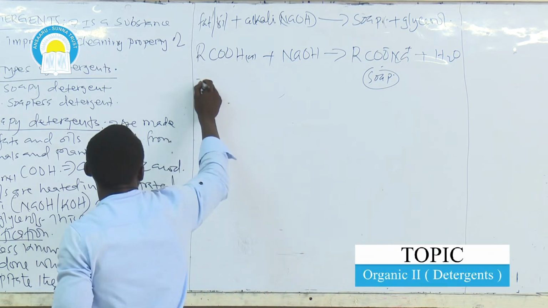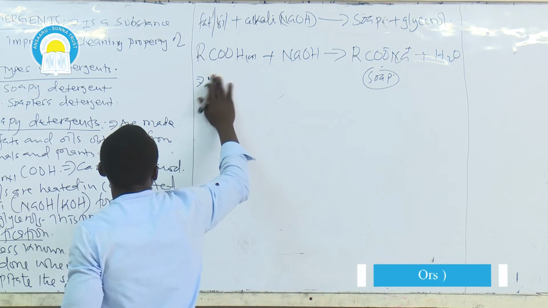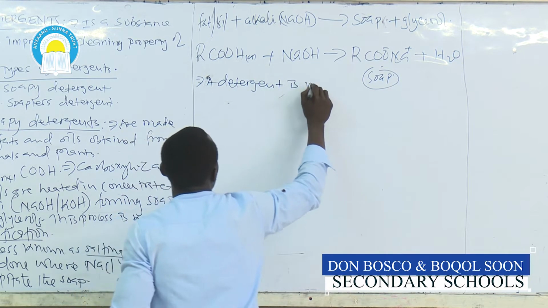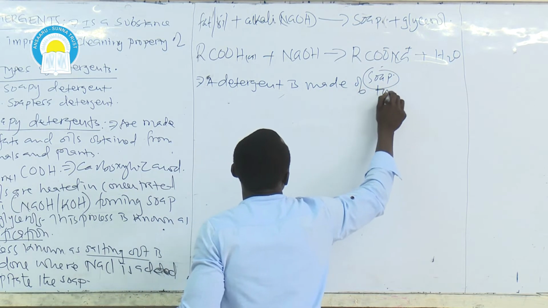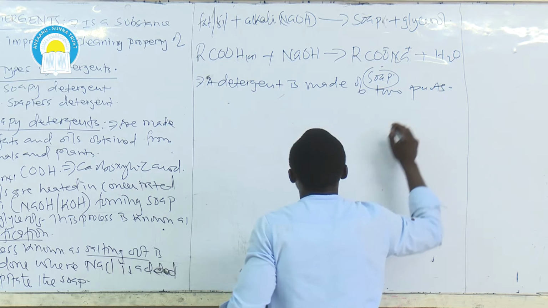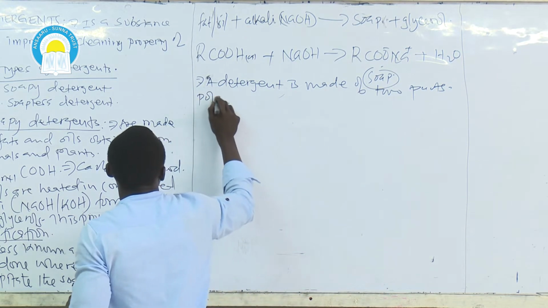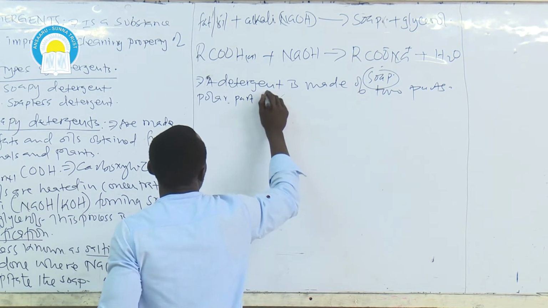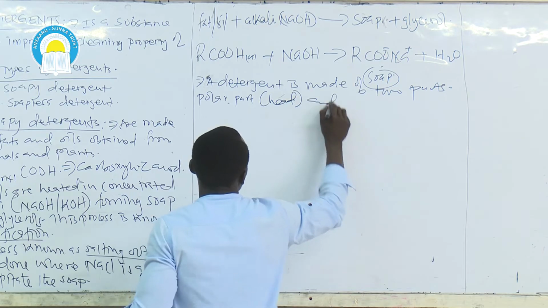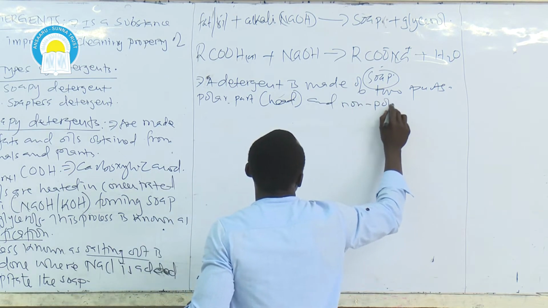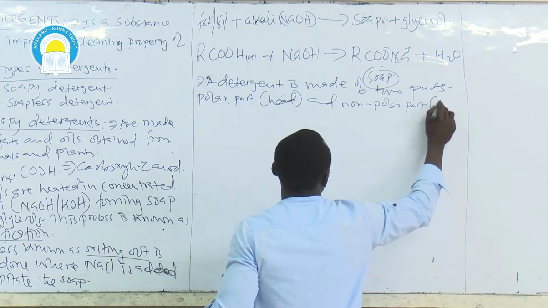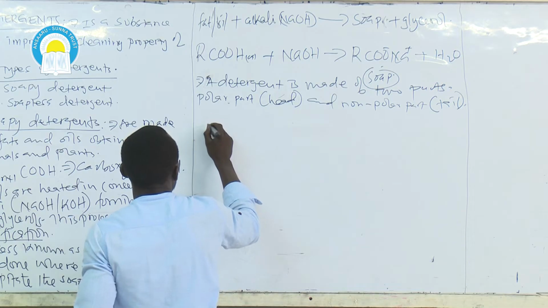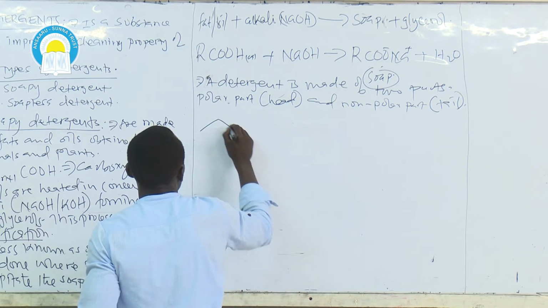So a soapy detergent is made of two parts: the polar part, in brackets the head, and the non-polar part, in brackets the tail. So the overall representation here, we have this.